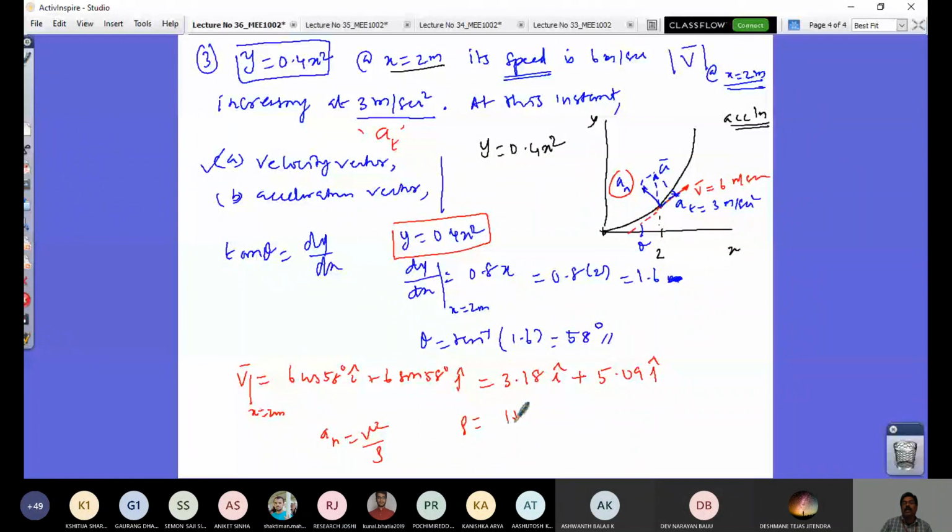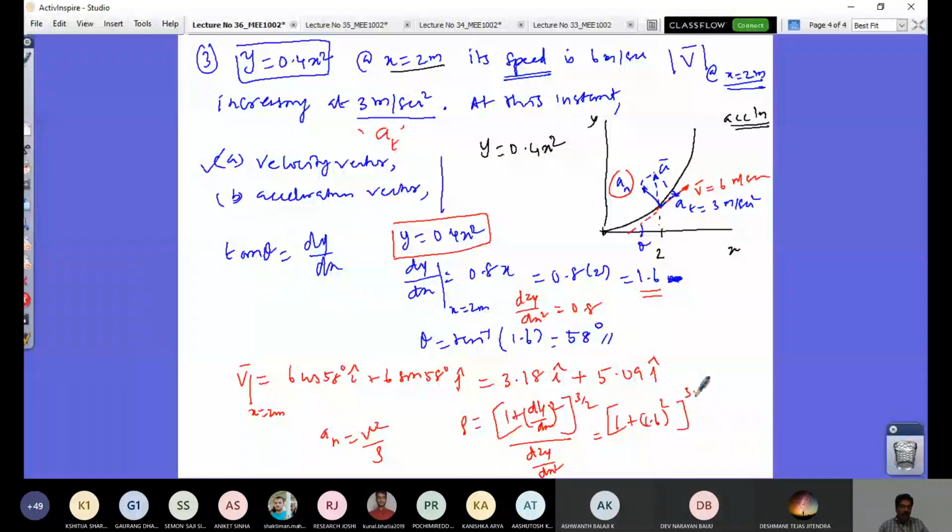I have already dy by dx at x equal to 2 as 1.6, found out. What is my d squared y by dx square? That is 0.8. So I have that value. I can substitute: 1 plus 1.6 square, power 3 by 2, divided by 0.8.